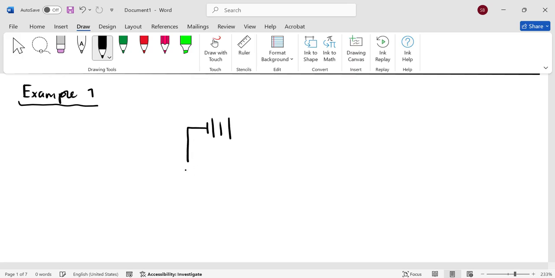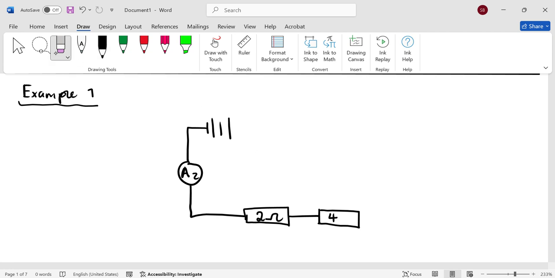Here I have my ammeter A2, and then here I have my resistor, and that resistor is a 2 ohm resistor. Then I continue to move on, and I have a 4 ohm resistor. Sorry, that's 8 ohms. That's my 8 ohm resistor, and I continue to move. As I move, I meet another ammeter here, that is A1, and there we go, like that.